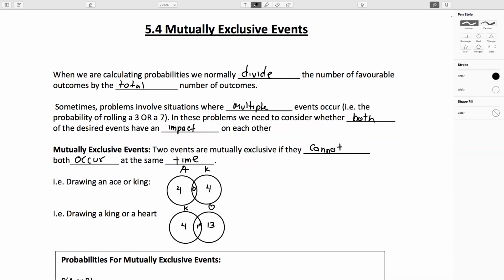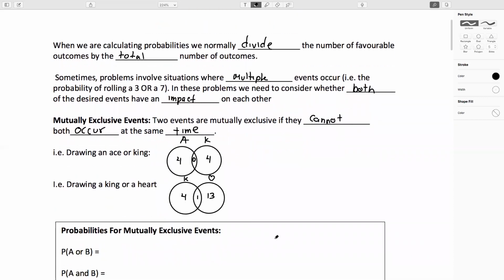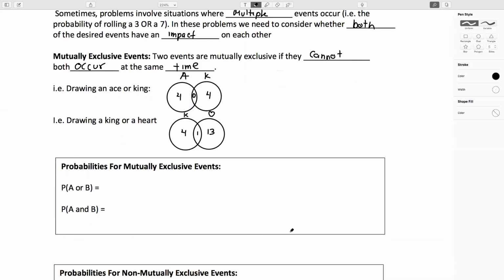So these cannot be considered mutually exclusive because there is a way to do both. Versus the ace and the king, you cannot do them both at the same time, so they're considered mutually exclusive. So basically, 2 events are mutually exclusive if you can't do them both, if one immediately makes the other not happen, or vice versa. So let's talk about probabilities and how to calculate these probabilities.